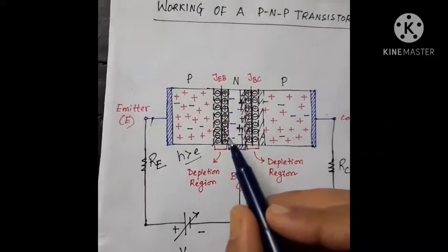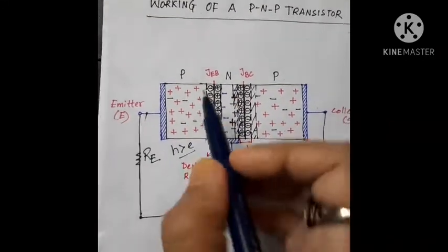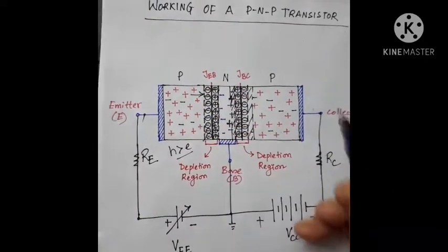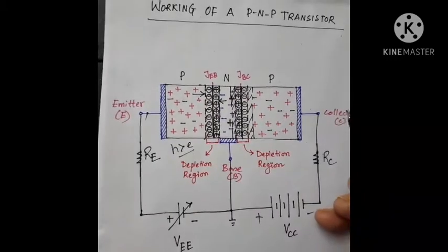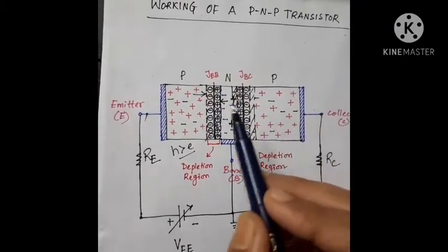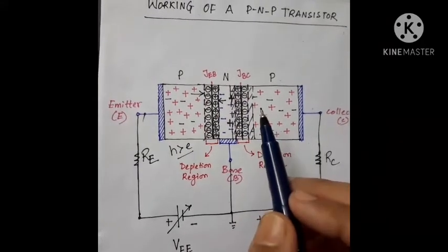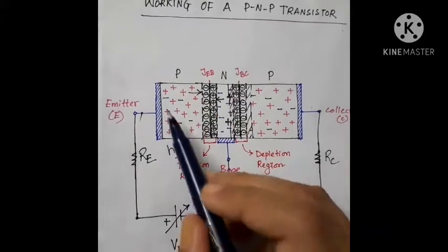Now, upon reaching the emitter base junction, holes will start to reach this junction and electrons will start to reach this junction, right? On reaching this emitter base junction, a small fraction, that is 5% of the total number of holes, will recombine with the electrons in the base region.